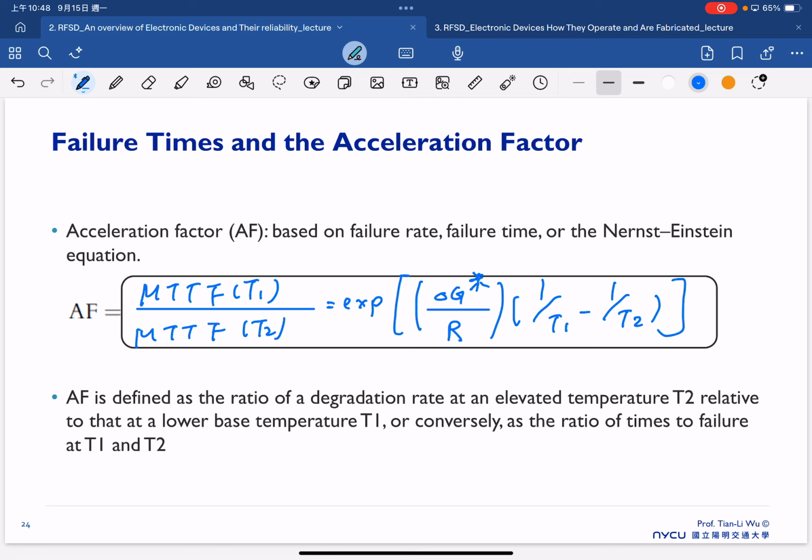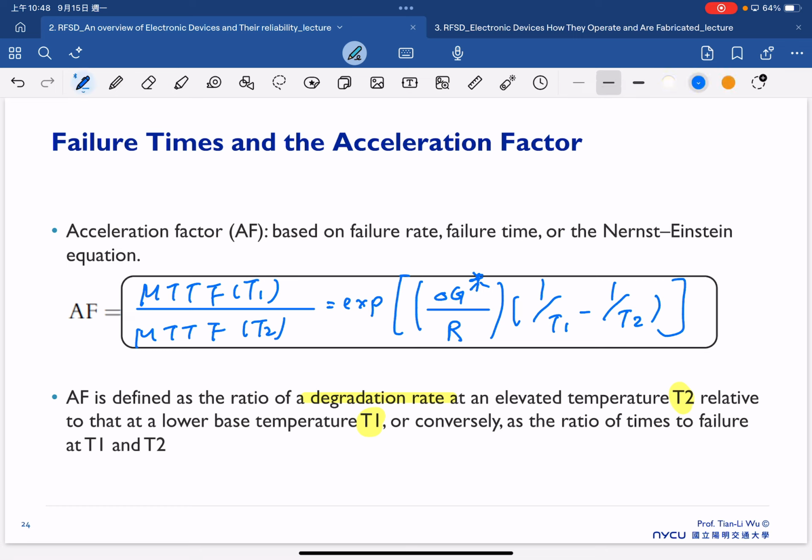Let's use a very simple example. AF is defined as a ratio of the degradation rate at the elevated temperature T2 relative to the low temperature T1.